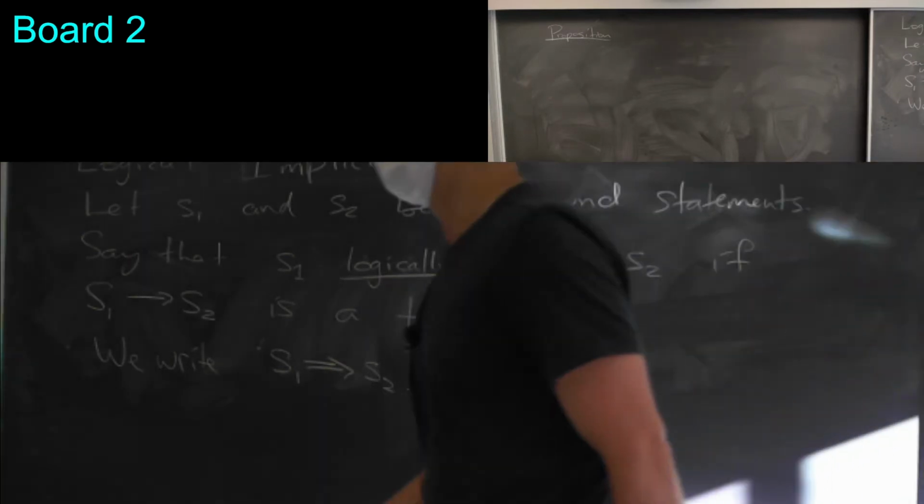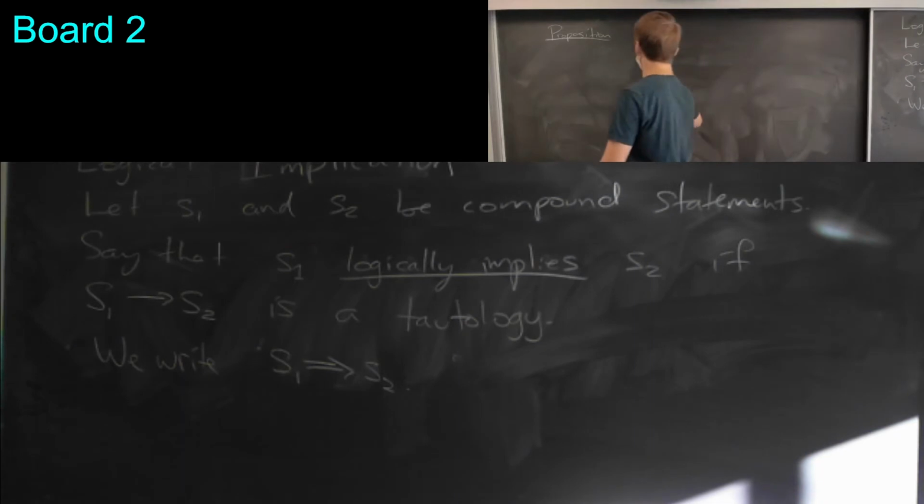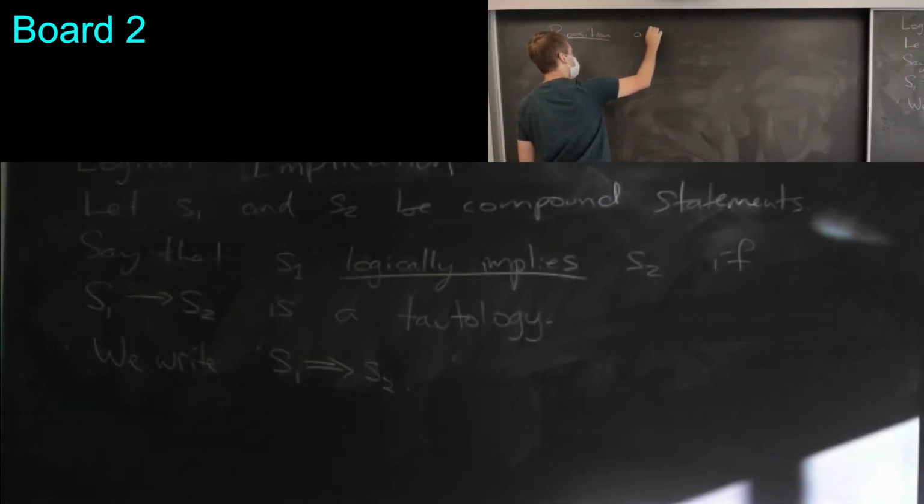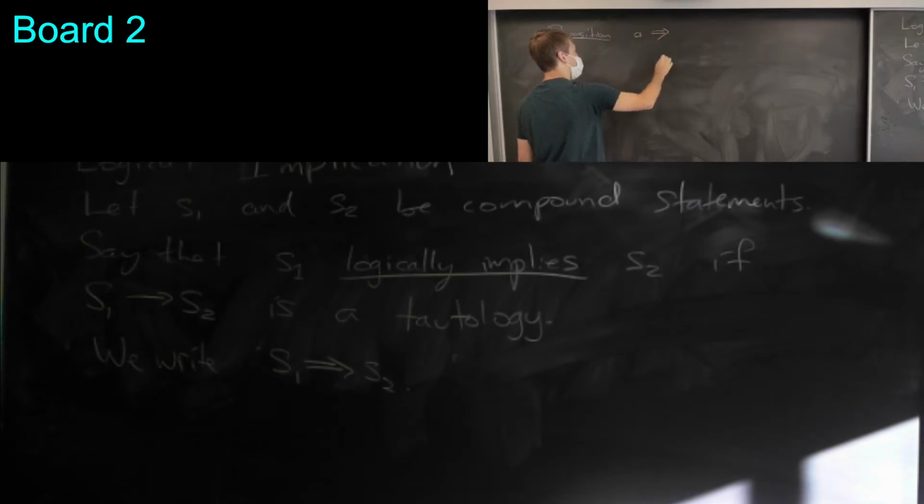Okay, let's do this. A logically implies A or B. This is pretty kind of obvious, right? If A is true, then obviously A or B is true.